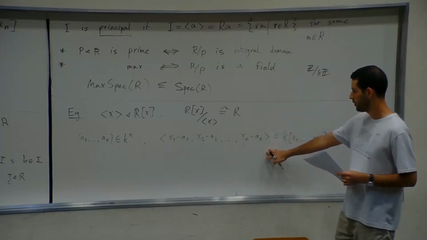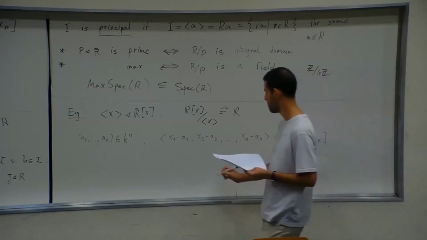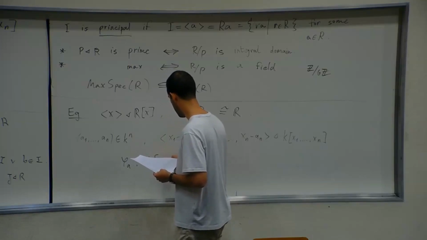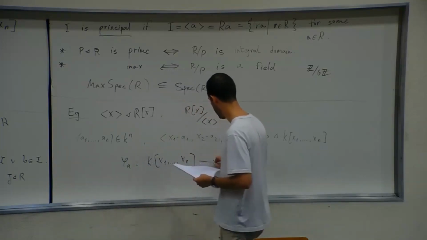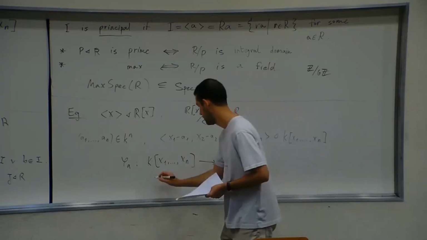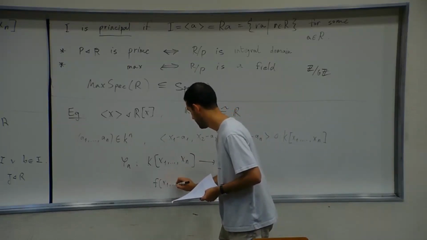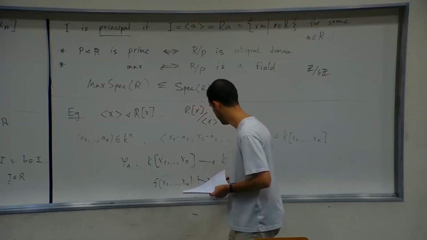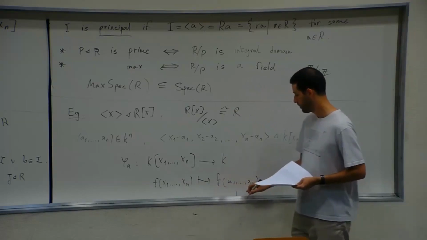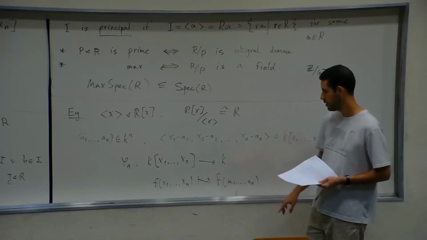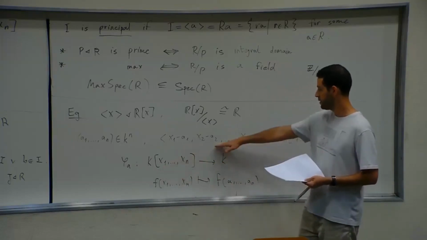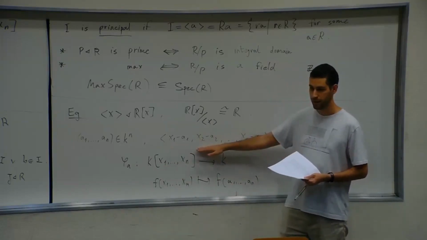If we consider the map from k[x1, ..., xn] to k, which simply maps each f to f at this point, substituting the point, so we get a value in k, then this is a ring homomorphism called the substitution homomorphism, and this ideal is exactly its kernel.